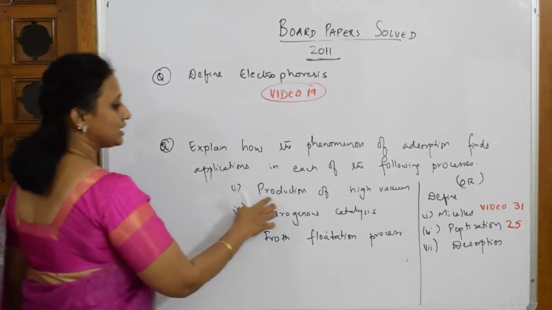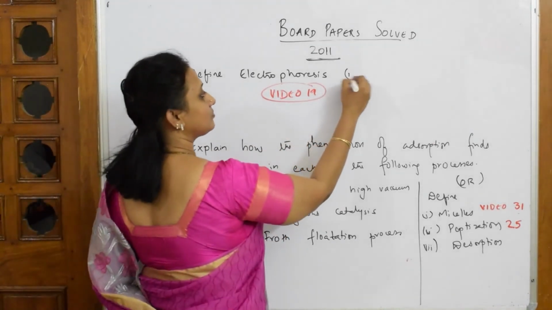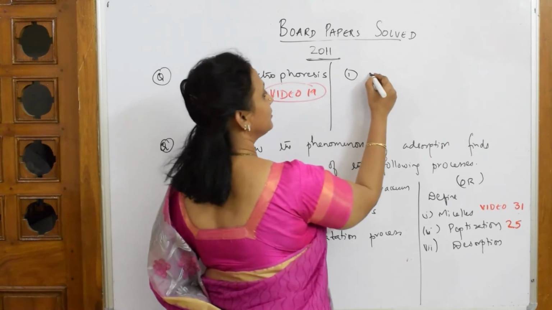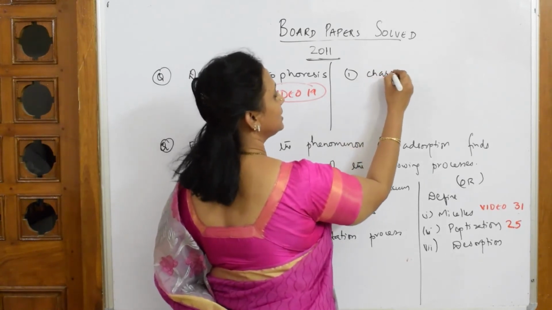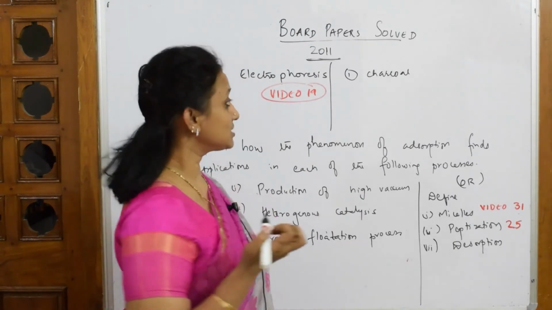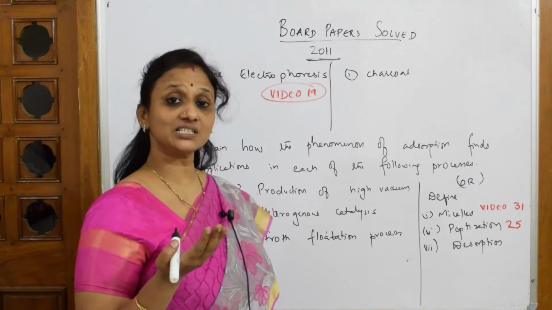See, how am I going to write production of high vacuum? I am writing this answer here, just see. So production of high vacuum, what are you going to write? When I take charcoal, charcoal has a lot of pores on its surface, isn't it? So what does this do? Charcoal tries to absorb the air. When does it absorb air?